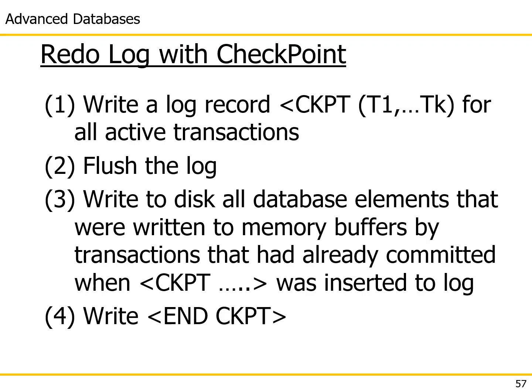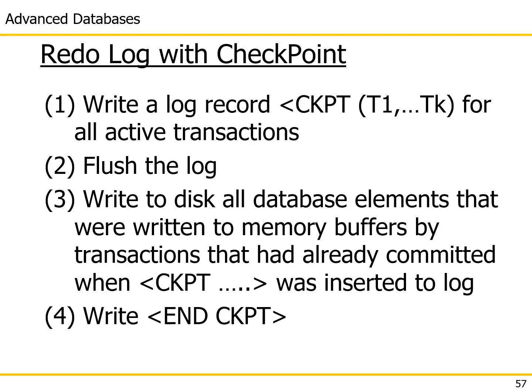So there is another style of doing checkpointing that enables you to continuously run transactions and also insert checkpoints and make good use of the checkpoint, which is to avoid checking the log from beginning to end or from end to beginning. Now, this is how it works. Again, we have a checkpointing thread.